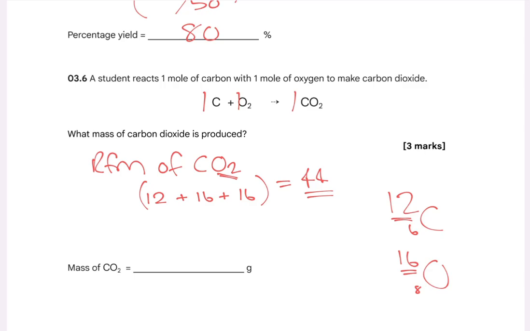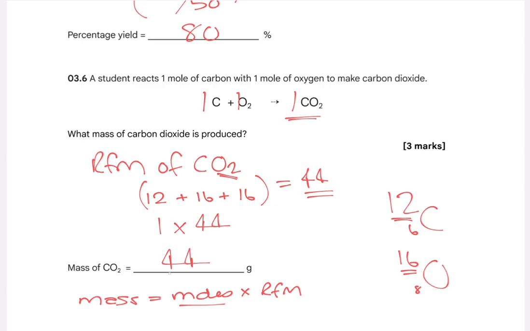We know from a previous question that in order to calculate the mass of a substance, we need to know the number of moles of it, and we need to know the RFM of it. The RFM, obviously, we've just calculated as 44. The number of moles we know is 1 from the equation, and so we end up with 1 times 44 as our final calculation, giving us obviously a mass of 44, because we're only multiplying it by 1 this time.